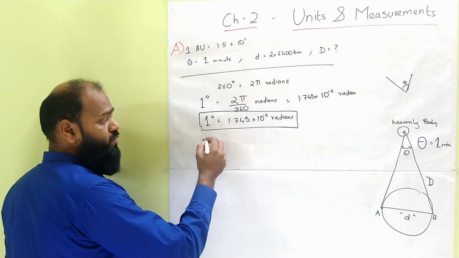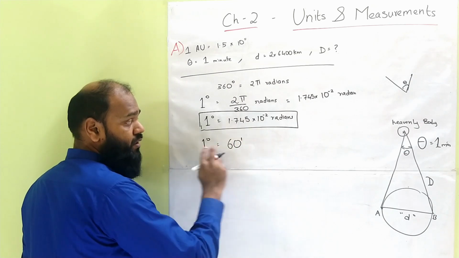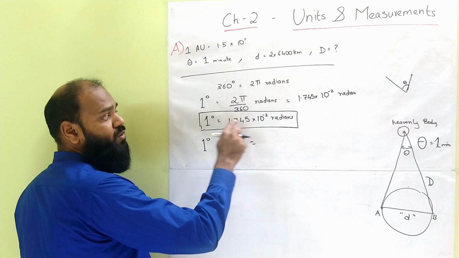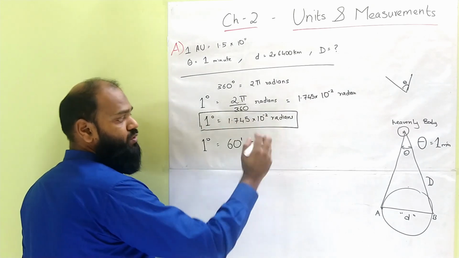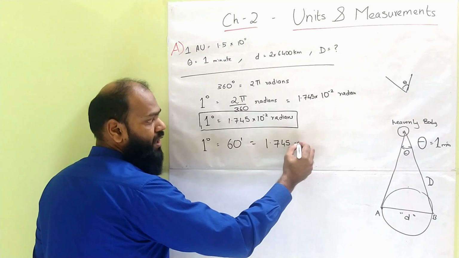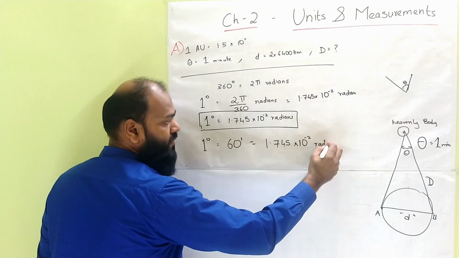All right. So we know that 1 degree is equal to 60 minutes. And 60 minutes equal to what? We already found that 1 degree is equal to so and so radians. So let me write it down as it is: 1.745 × 10^-2 radians.